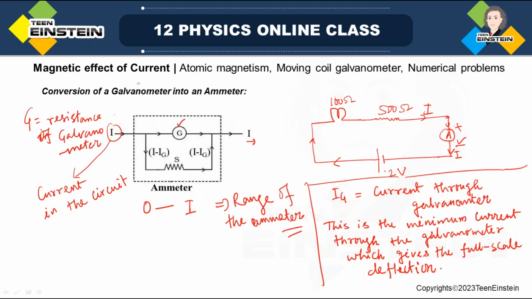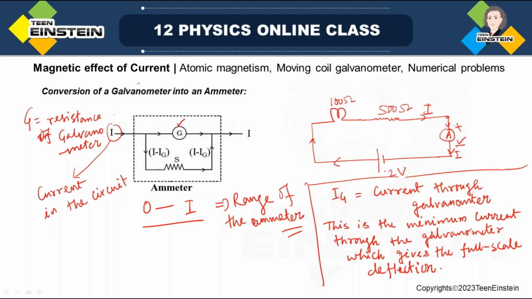So considering that we make an ammeter out of a galvanometer, I have to use such a shunt that the ammeter range becomes 0 to I. I hope it is clear to you.